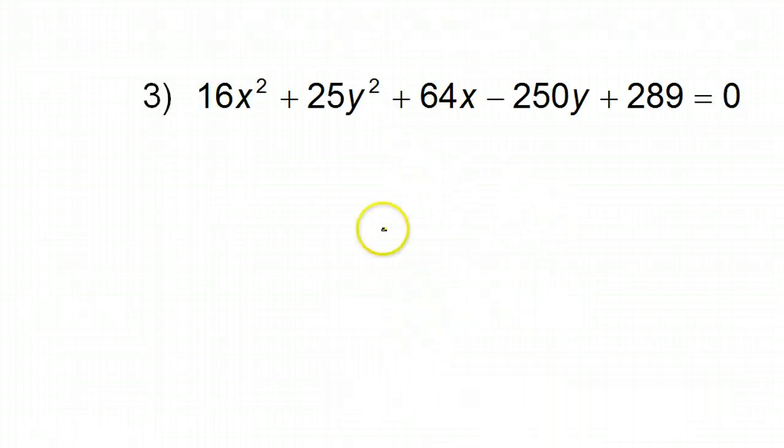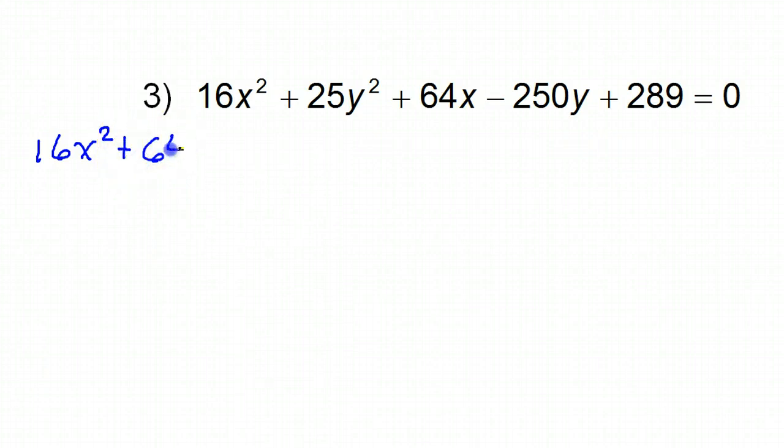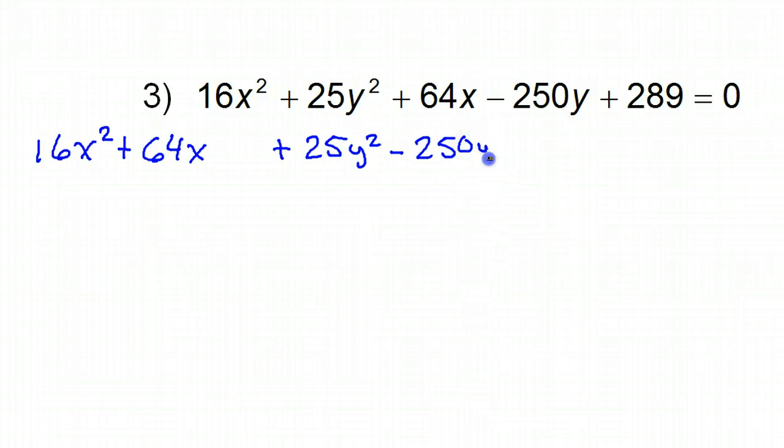Now, since both variables are squared, we're going to have to complete the square twice. So let's get our x's together by doing 16x squared plus 64x, and then over here I'm going to have plus 25y squared minus 250y.